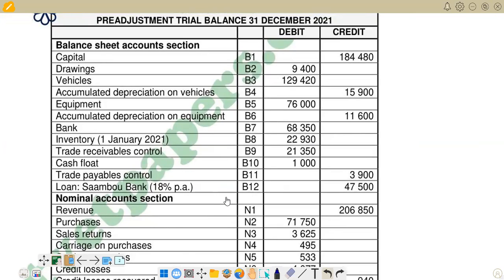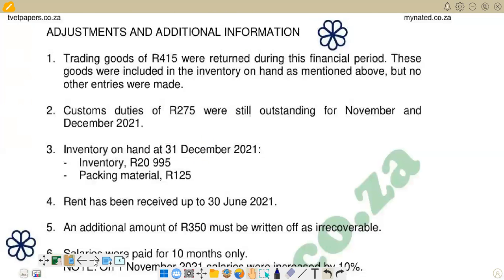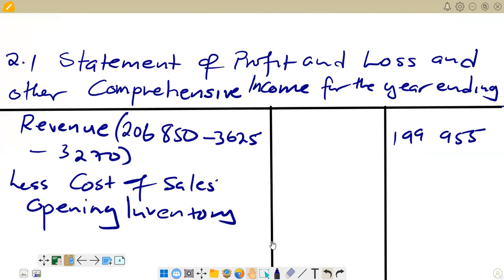So we are going to put 22,930 as our opening inventory here.